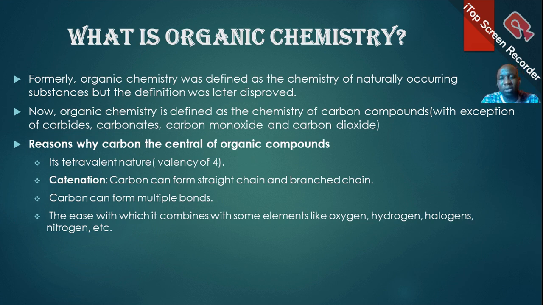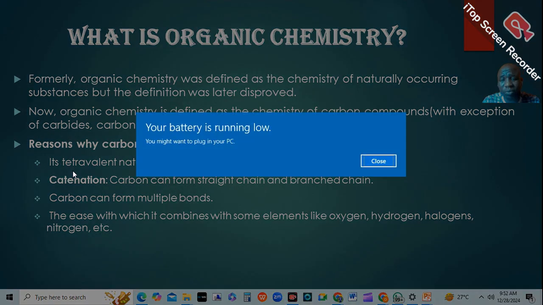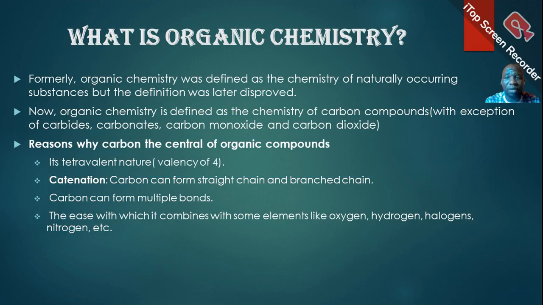You may ask, is it only carbon that has a valency of 4? No. We have some other elements which are in the same group as carbon, and they also have a valency of 4.